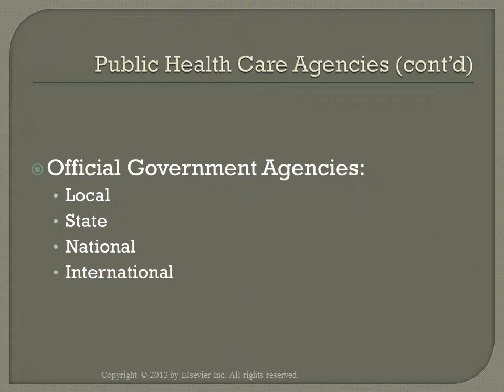They define health as a state of complete physical, mental, and social well-being, and not merely as the absence of disease or infirmity. WHO is funded through fees that are paid by member nations of the United Nations.